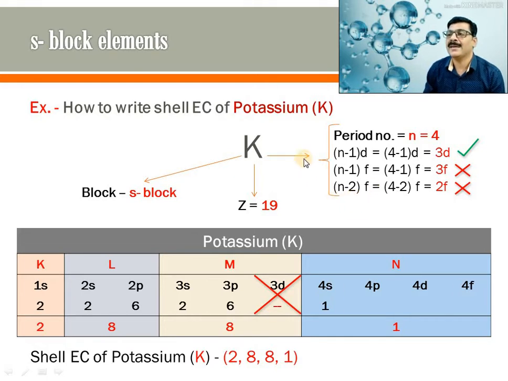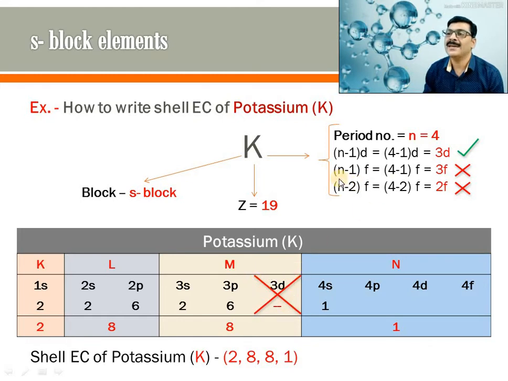And here the value of n is 4. So n-1 d means 4 minus 1 d, and 4 minus 1 means 3d. Means you have to ignore here the 3d orbital.